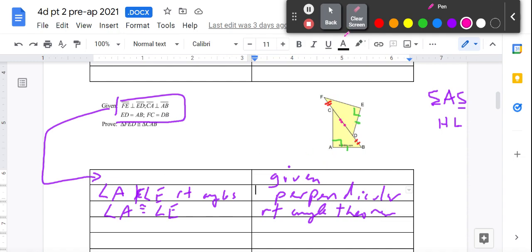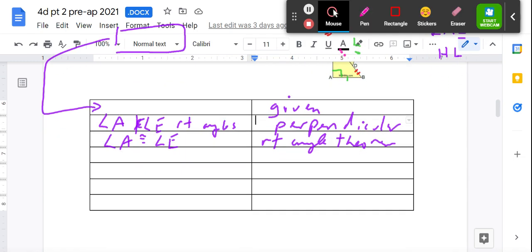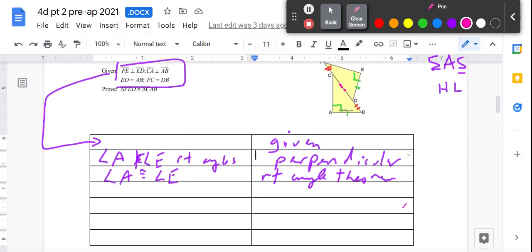Okay. So we can maybe do some angle addition here, or segment addition, excuse me. And we could say, FC plus CD equals FD. Okay. And we also know that DB plus CD equals BD. Okay. And that is segment addition.